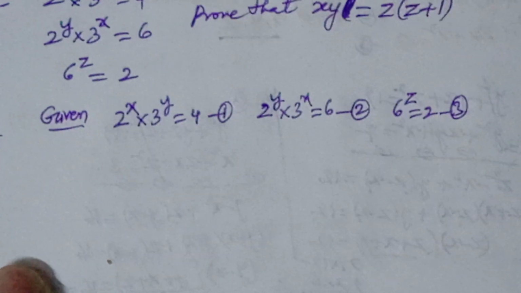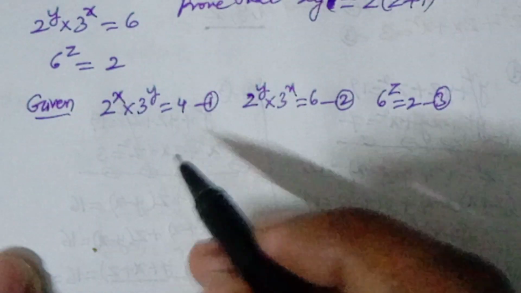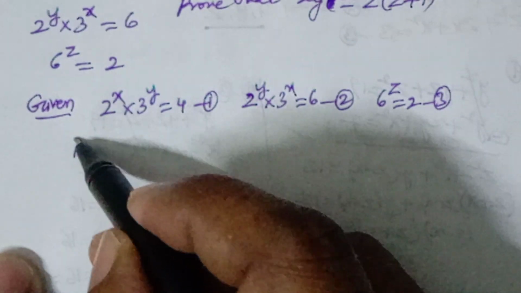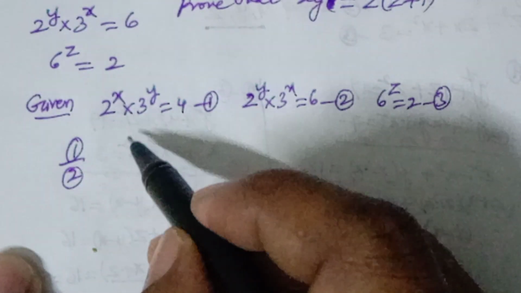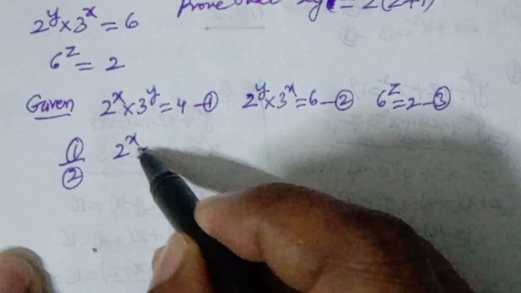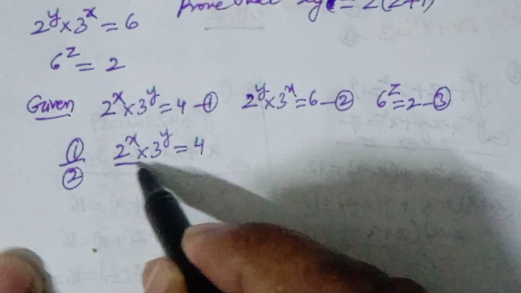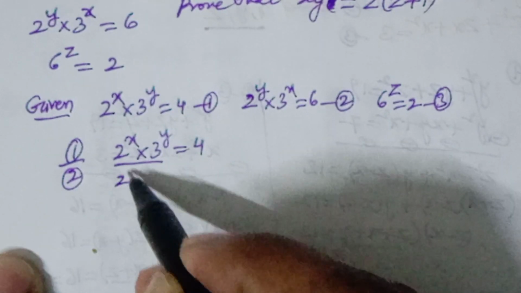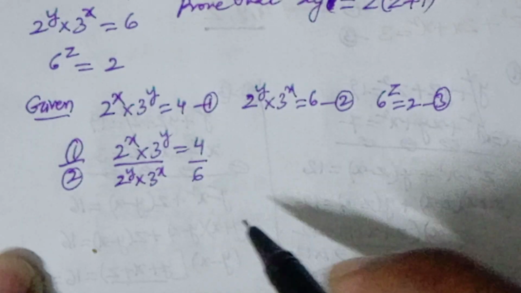So here, first one and second one I am going to divide. So what will we get here? 2^x times 3^y is equal to 4 by 2^y times 3^x is equal to 6.